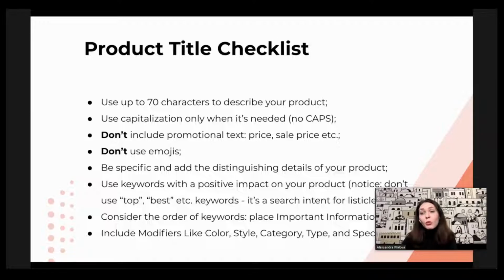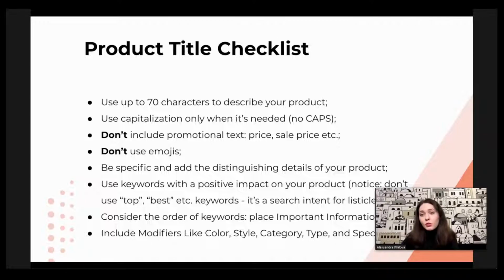When you use it for a product, Google thinks firstly that it's a big article, but it's a mistake because this is a product. So you will not rank by the word best. So please do not include these words in your product title.